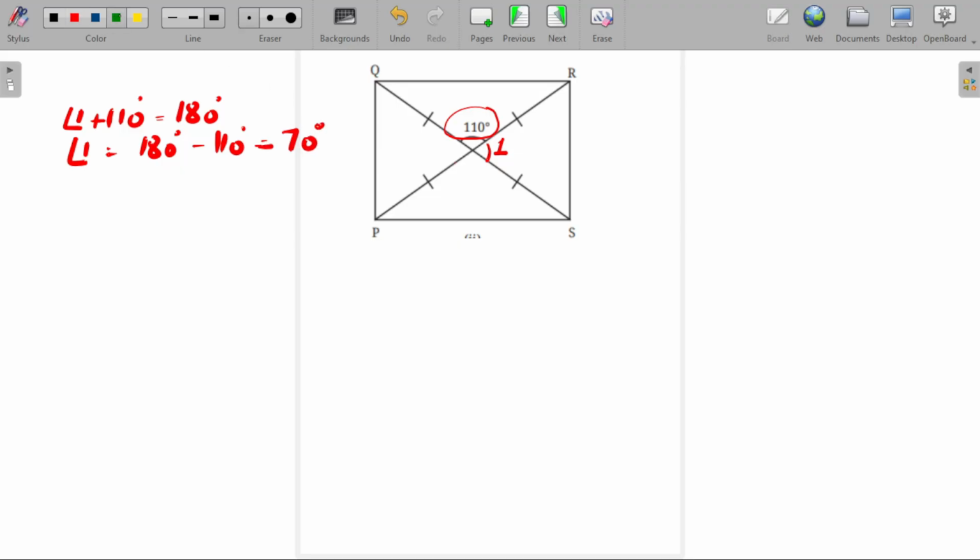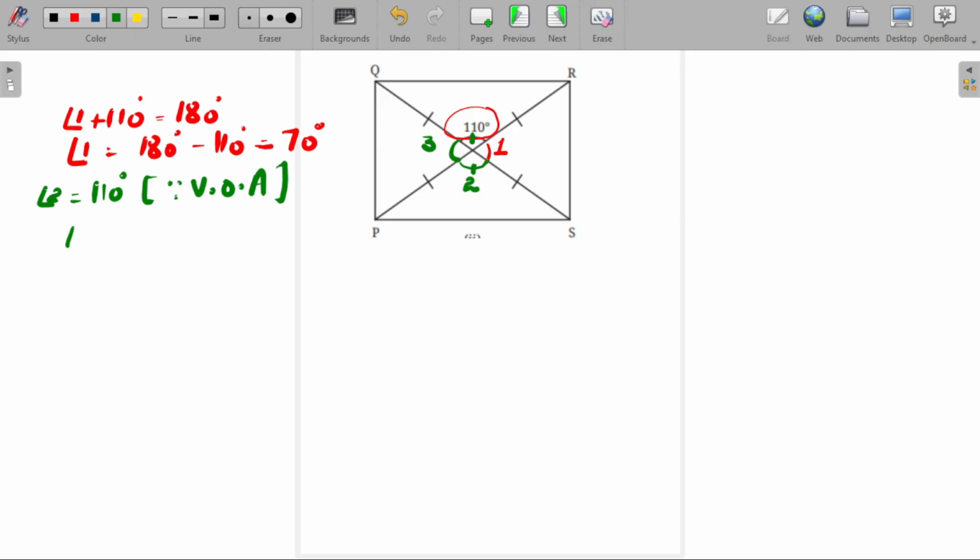And this is angle number 2. Angle number 2 is equal to 110 directly. Hope you are getting that, because they are vertical opposite angles. And this is angle number 3.